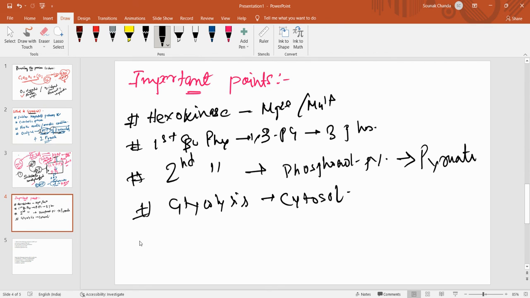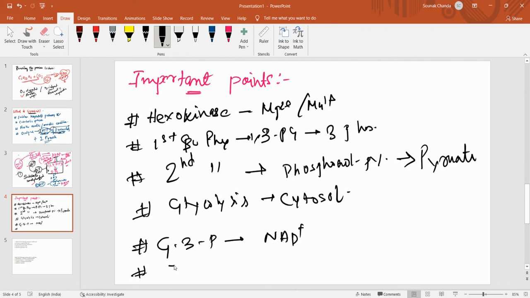I have also already discussed this, and again the point is that glyceraldehyde 3 phosphate is basically oxidized by NAD plus. So this is the important point. And how many molecules of ATP are you gaining?